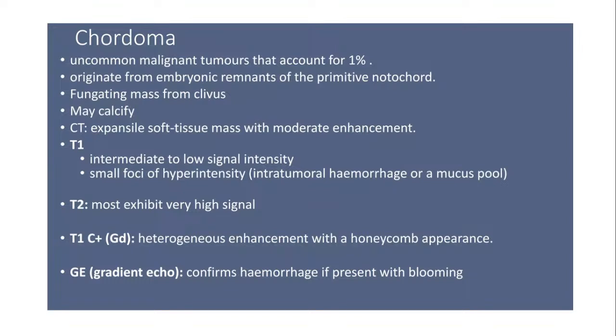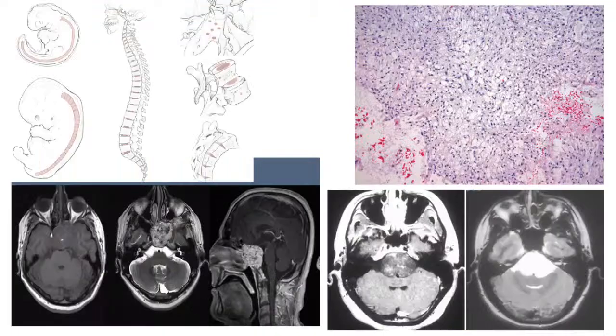That's usually the distribution of most of these chordomas. They enhance with contrast modestly. So that's again the distribution. And then imaging characteristics, they rarely calcify. So that's the clivus region.